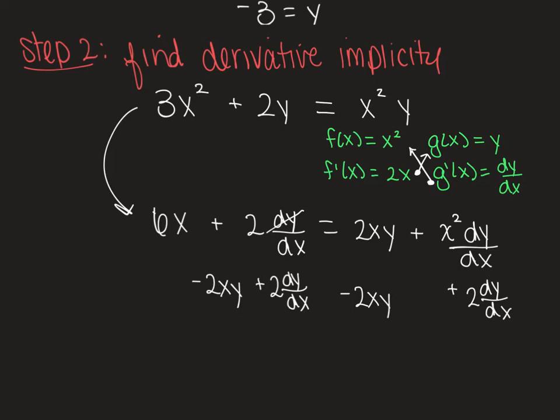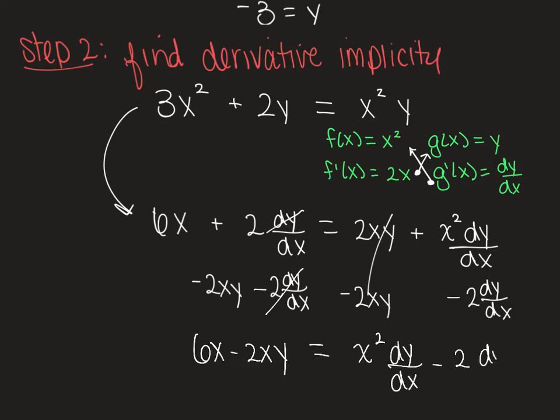Let's fix that real quick. These will cancel because I had a plus 2 dy dx minus 2 dy dx. So my left-hand side is 6x minus 2xy equals, now my right-hand side, this cancels, and I'll be left with x squared dy dx minus 2 dy dx.